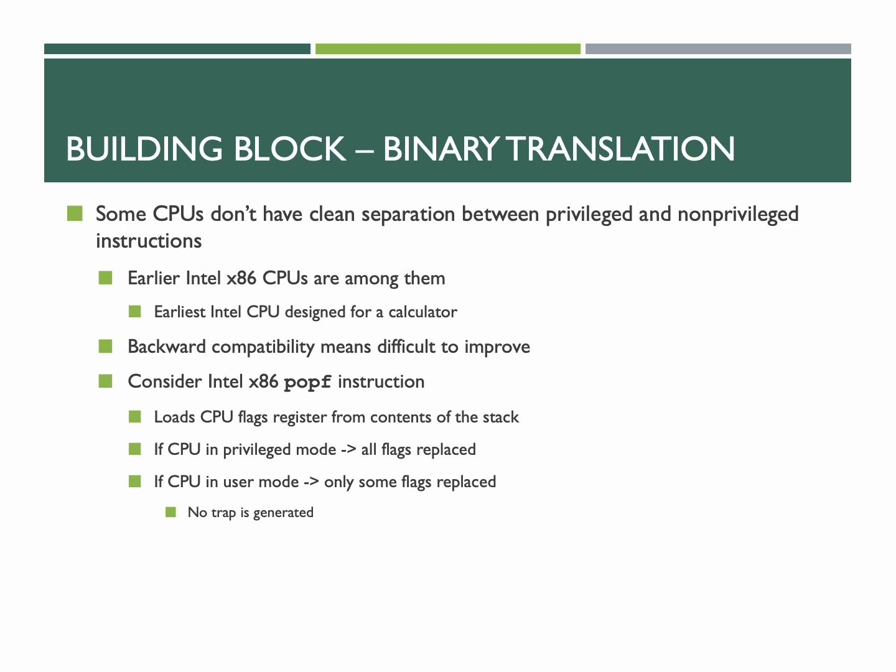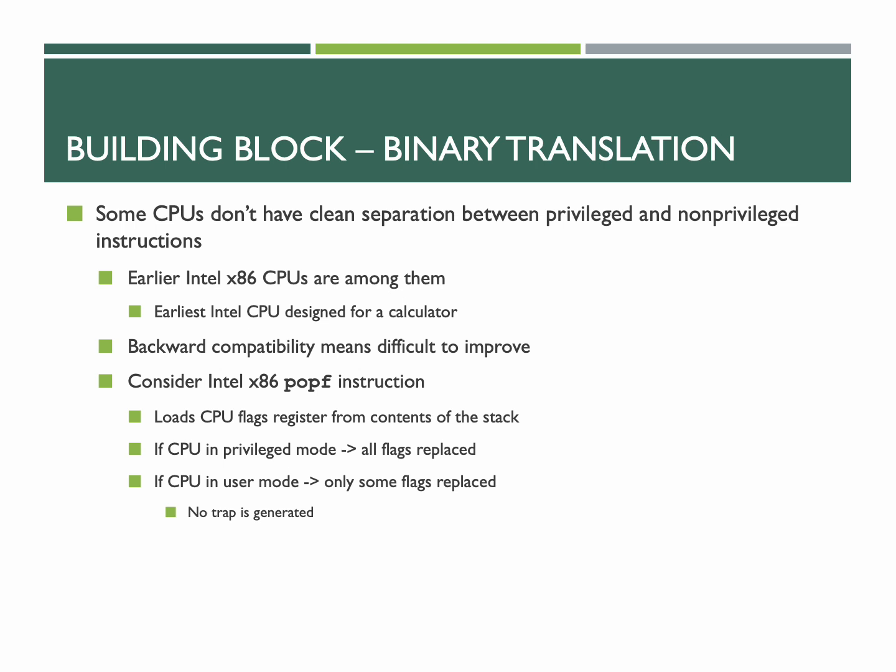Okay, so there's another crucial aspect of virtualization technology known as binary translation. This process is vital for dealing with CPUs that do not have a clear separation between privileged and non privileged instructions, which can significantly impact the efficiency and security of virtual machines. So, some of the early Intel x86 CPUs, which were initially designed for calculators and not for complex computing systems, do not have a clean separation between privileged and non privileged instructions.